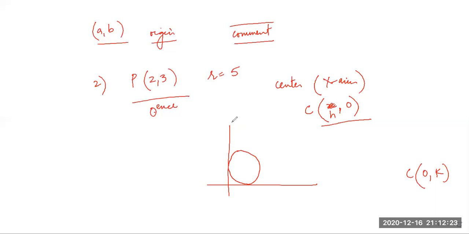This we will do tomorrow. And then comes find the center and radius when general equation of circle is given. Then to find the equation of a circle passing through three non-collinear points, that also we will do, and then circle would be finished. Then we'll start with parabola. So two more lectures on circle, students.